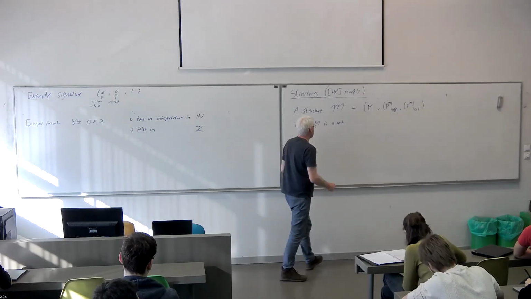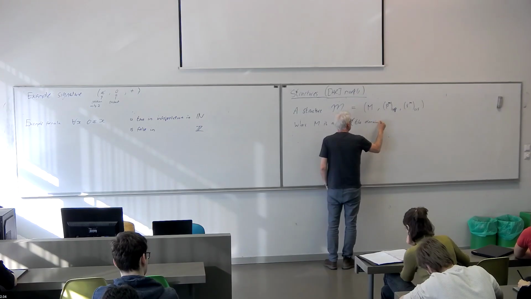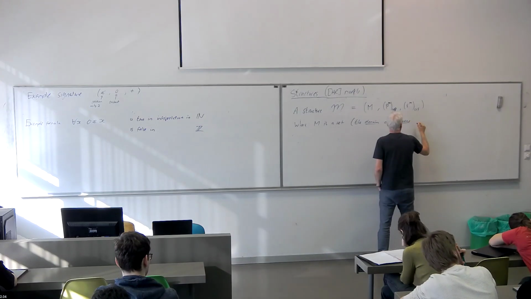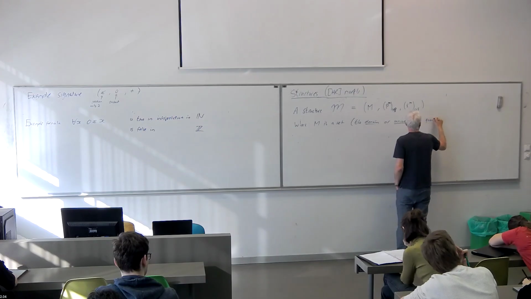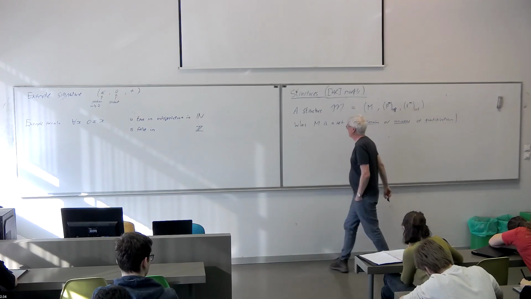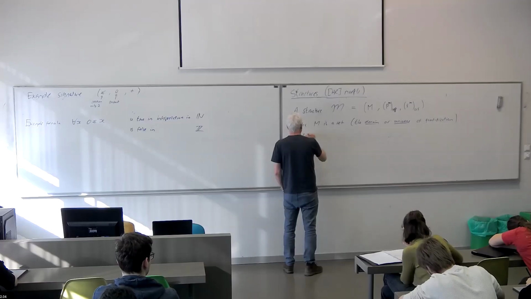So M is a set, and this is called the domain or universe of quantification. And for every function symbol, let's do the relation symbols first.